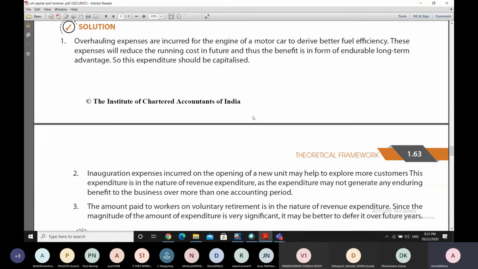Even when enduring benefit is not assured, the huge amount of expenditure that is being made here to reduce the cost is partly revenue and partly capital in nature, depending upon how much amortization is being made, or how much allocation is being made in form of revenue expenditure for this year and for every future year.